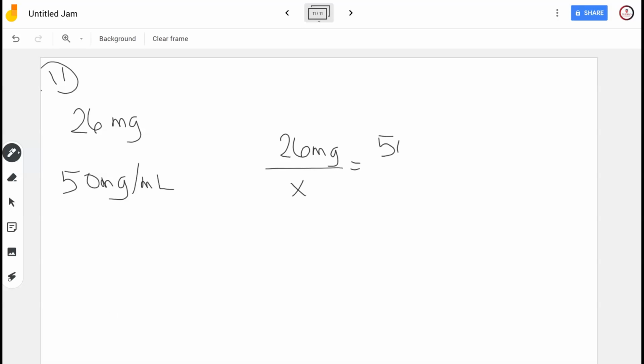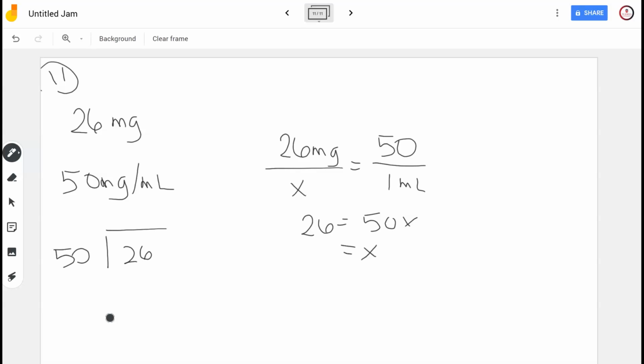You have 50 in 1 ml. 50x. You got to divide 26 by 50 to get x by itself. 50 does not go into 26, so you add your decimal, you add your 0. Just kidding, too much enthusiasm. How many times does 50 go into 260? It's 5 times, 250.